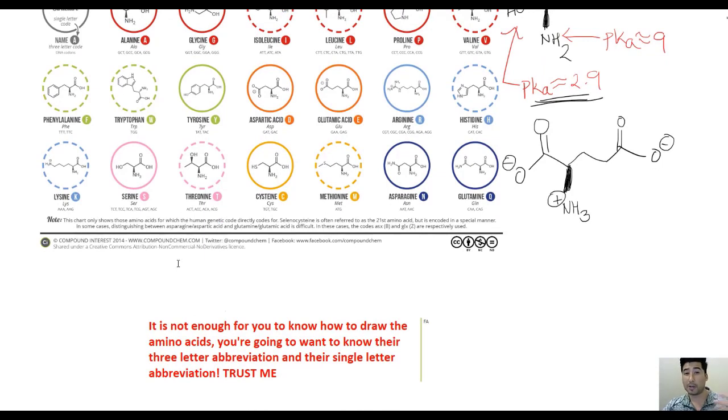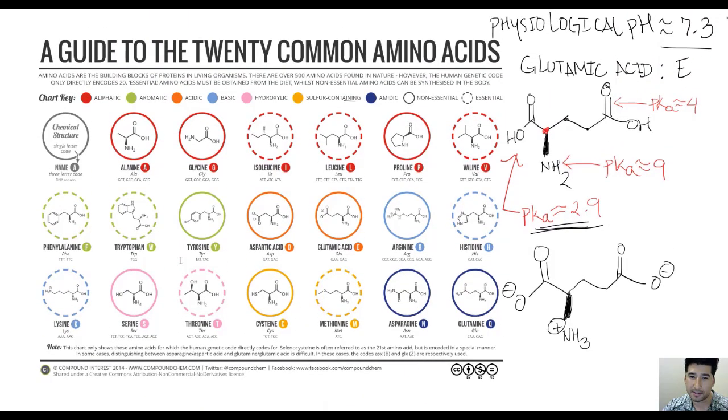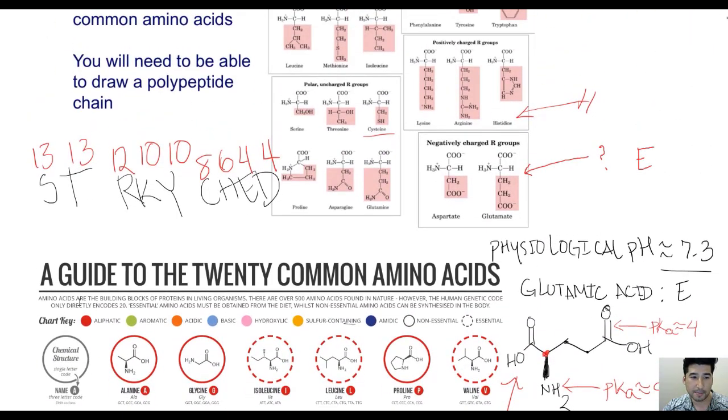You're also going to want to know the pKa's of the side chains which have ionizable protons. So let's go back to St. Rocky Ched. These are the single letter abbreviations of the amino acids which have ionizable protons. And an ionizable proton is simply a proton that can leave.